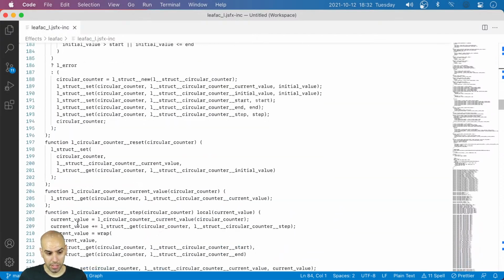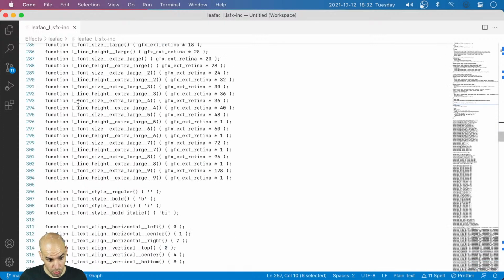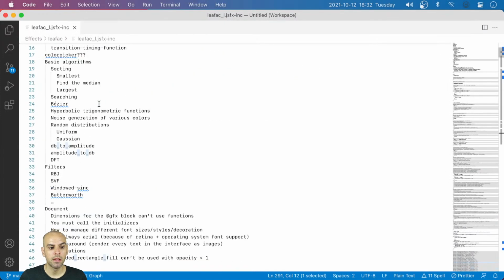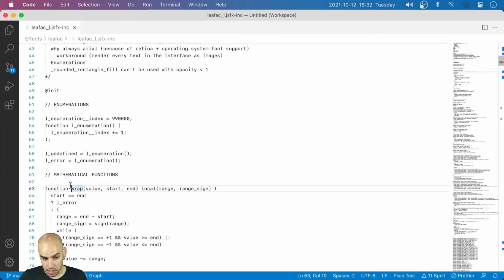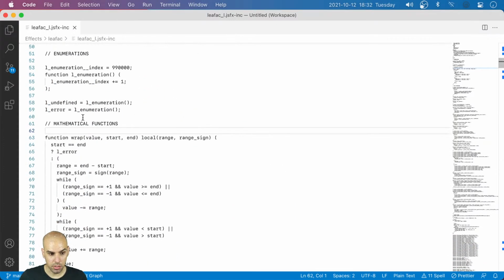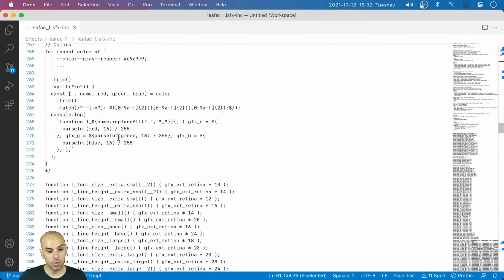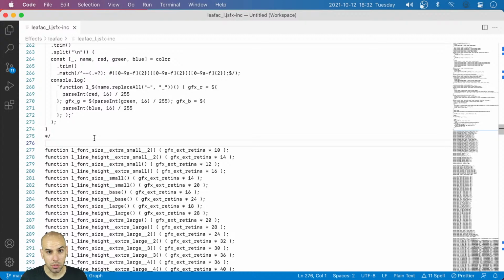And it will come with a design system with decisions on colors that you should use and spacing and font sizes and everything, so that it will be easier to develop the effects, hopefully, because these helper functions will help you out. And your effects will have a better user interface because you are going to be using a design system, which is always a good idea when you're designing a user interface.